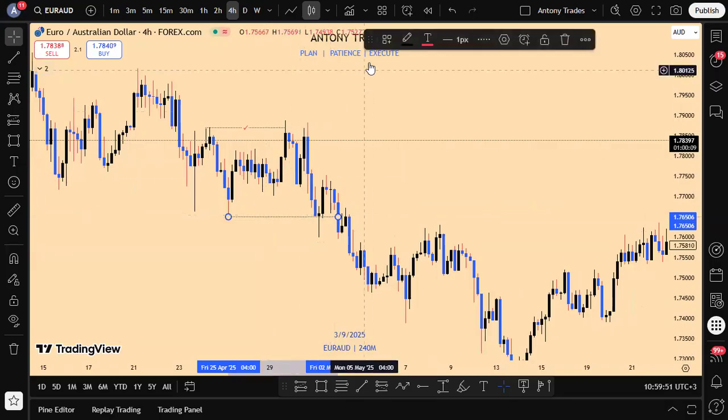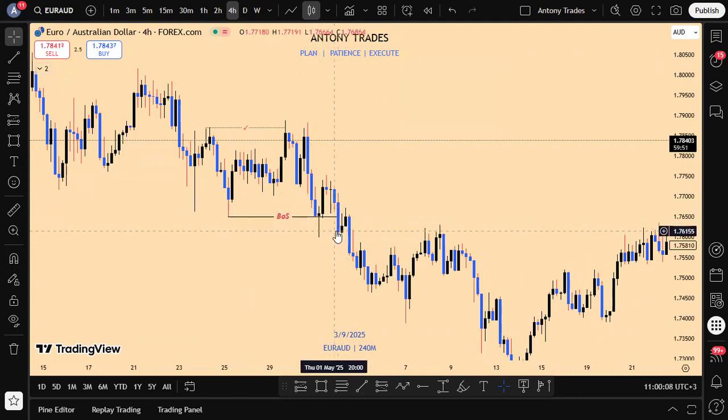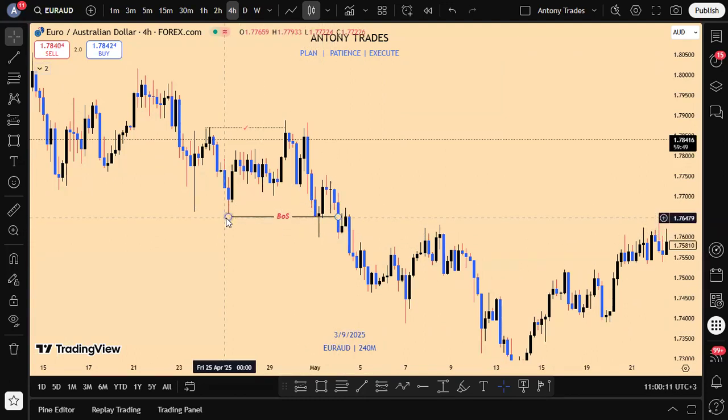Now, you see this candle here never closed below this low with a body. It's just a weak one, so that is not a break of structure. That was a sweep of liquidity. But this candle closed below this low with a body.